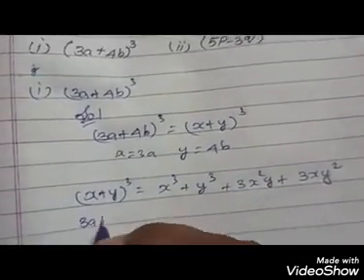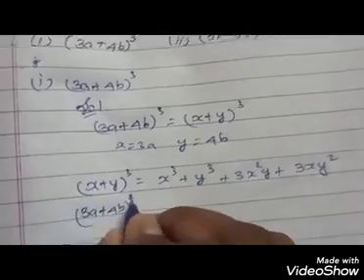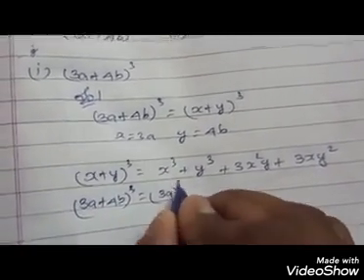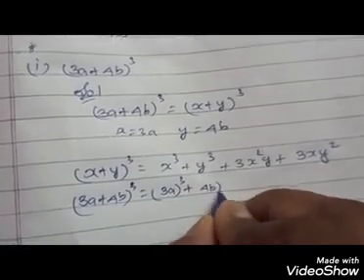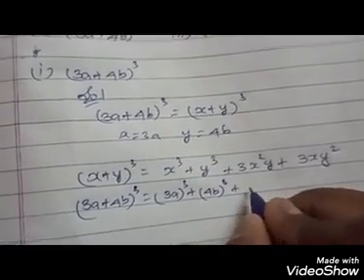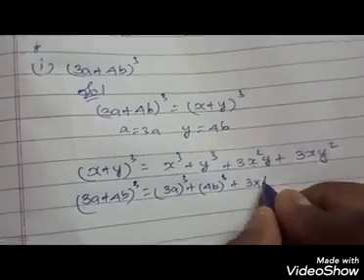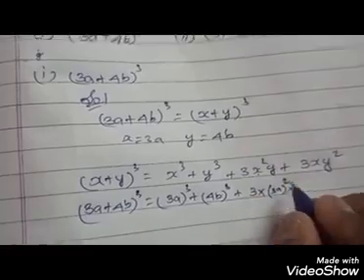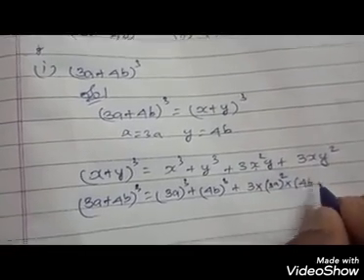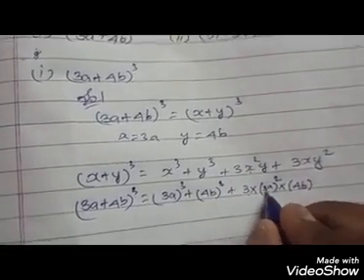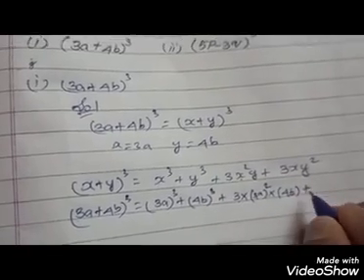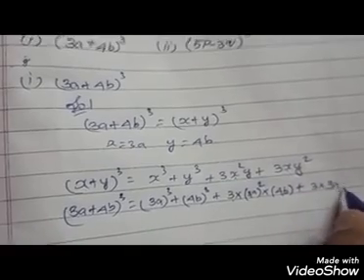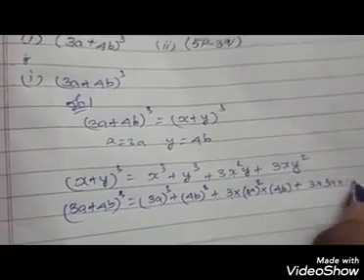So 3a plus 4b the whole cube: x cube means 3a the whole cube, plus 4b the whole cube, plus 3 into x square. x means 3a, so 3a square, into y, which is 4b, plus 3 into x, which is 3a, into y, which is 4b, squared.